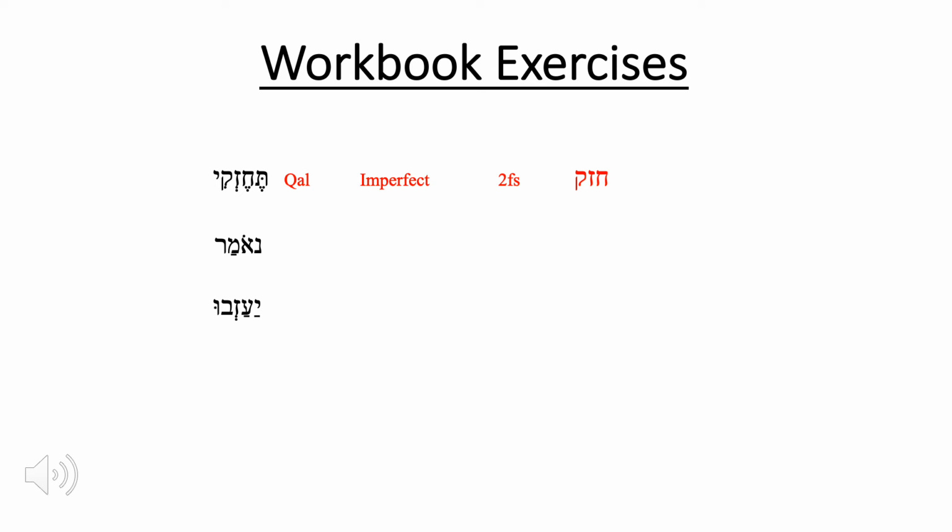What about number 2? How do we get nomar out of the root amar? The verb here, nomar, comes from the root amar, to say, and is a 1CP verb indicated by the nun prefix.